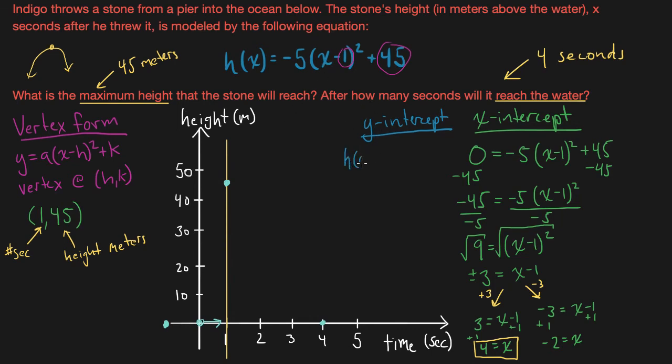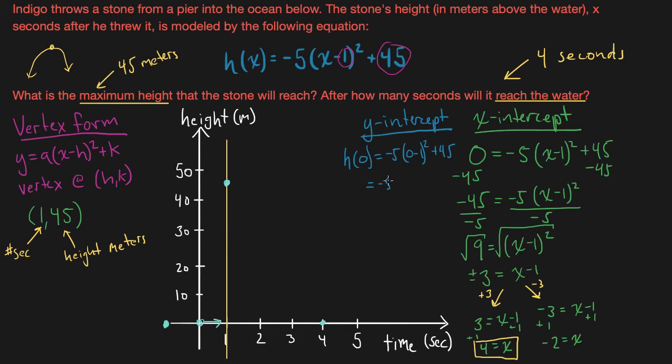We have h of 0, because I'm substituting in 0 for x, is equal to -5 times (0 subtract 1) quantity squared plus 45. Well, I can write this a little clearer. Okay, on the right-hand side here, 0 subtract 1 is equal to -1.